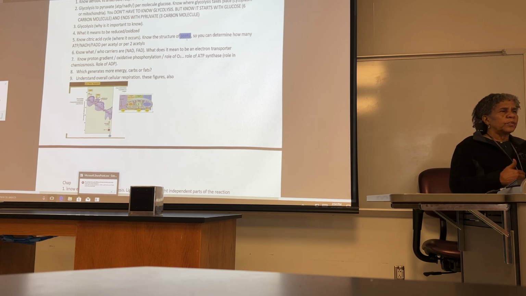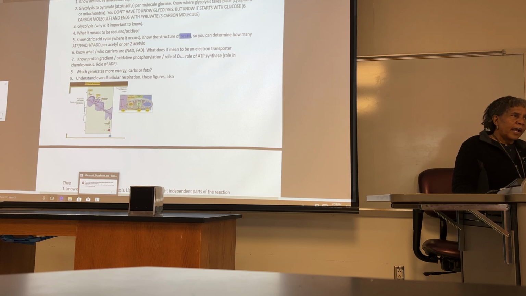I just want you to know that it's a 2 carbon molecule. It's generated from pyruvate, and it's going to bind to oxaloacetate. And per acetyl, I didn't want to give you the answer. I said, determine how many ATPs per acetyl or per glucose.